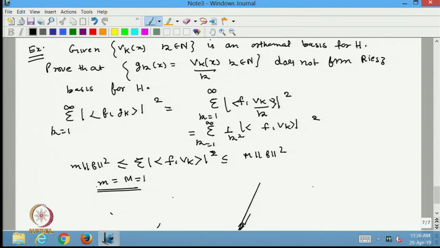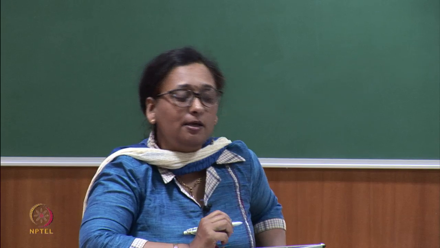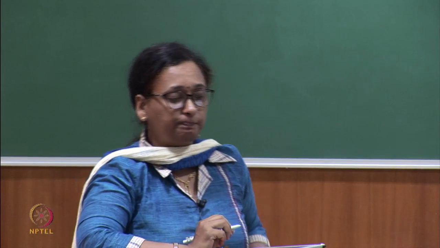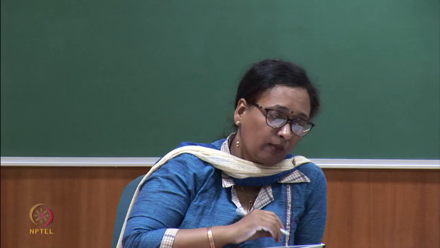But in this case, if you plug this inequality here, can you achieve a small m here? So, the answer is of course no, there does not exist m for which this inequality will be satisfied. In case of Vkx, I will replace Vk by k. So, that is why, because it does not satisfy the frame conditions, it does not form a Riesz basis. Clear to everyone?